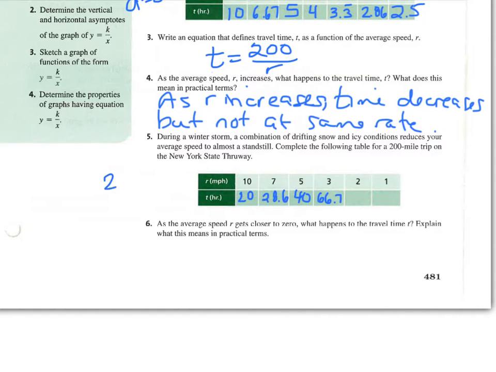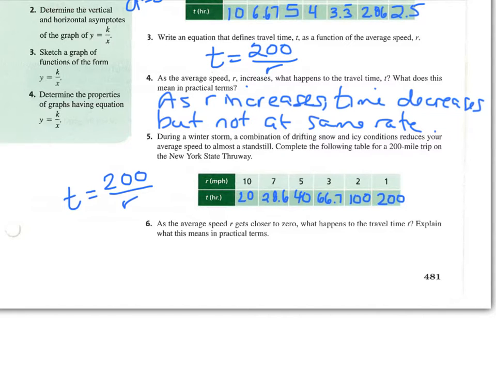Again, we're just doing 200 over r. That's my time. If I go 2 miles per hour, it's going to take me 100 hours. And 1 mile per hour is going to take me 200. So we're looking at what happens to our time as r goes all the way from 1, and then the other problem we were doing was all the way to 80.